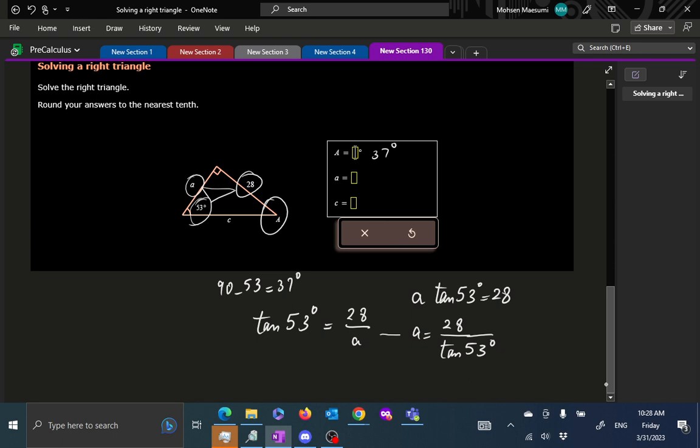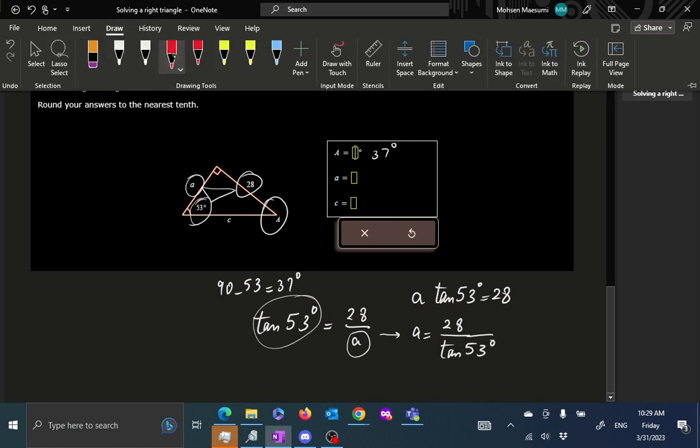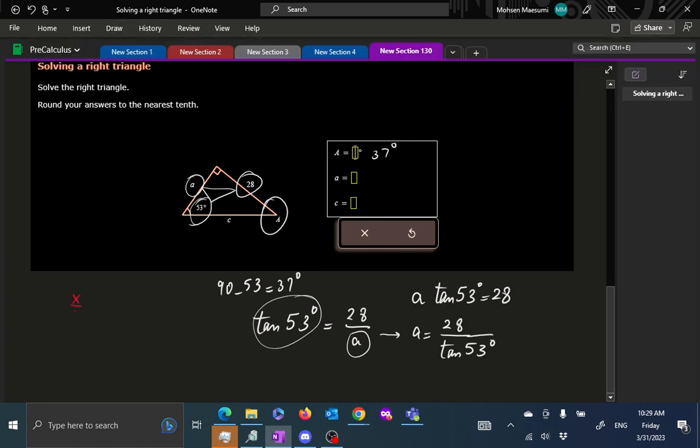You could directly go from here to here by saying I exchange these two. If you have two fractions equal to each other, like if you have A over B, let me write some other variables. If you have a fraction equal to some other fraction, you can rewrite it in numerous ways. One of them is to exchange the numerator of one with the denominator of the other one.